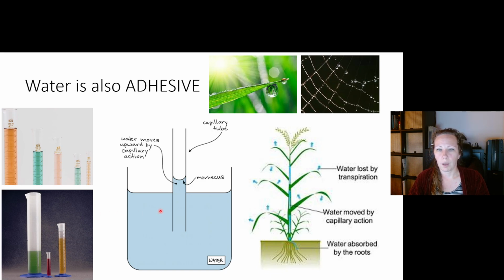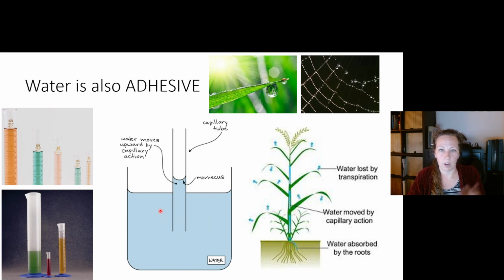Other applications of that would be if you ever use Fog-X on your windows. That spray is nonpolar, so you're adding this nonpolar spray to your window, and it prevents adhesion of water, and so you don't get fog.